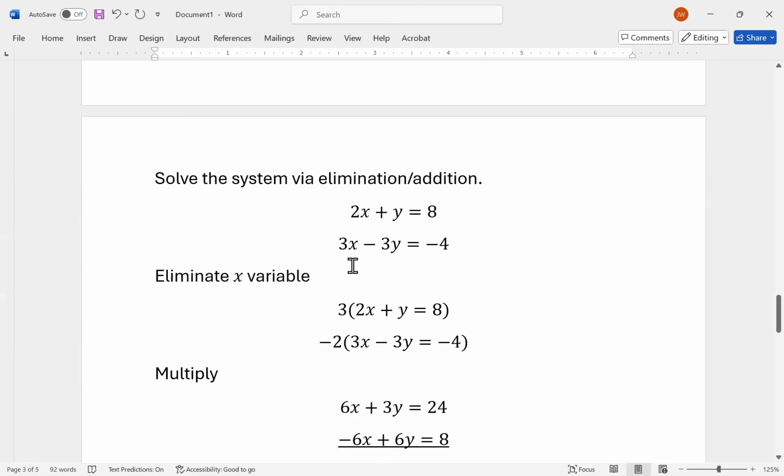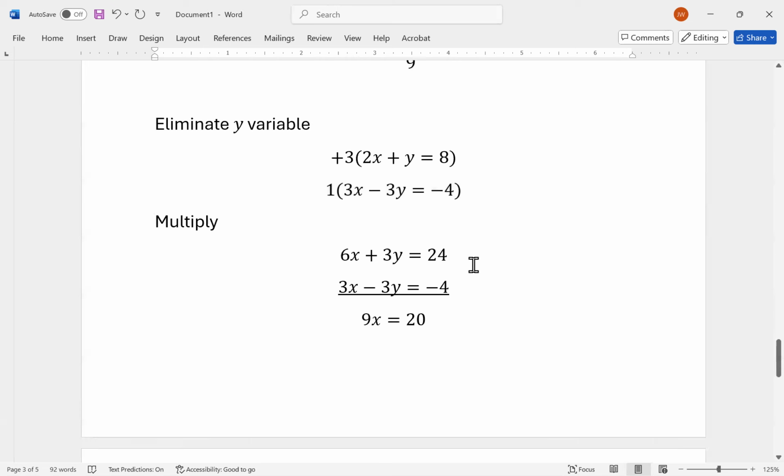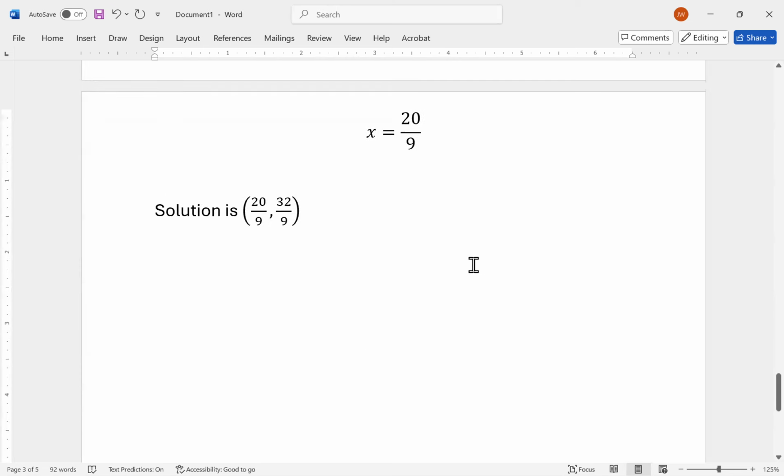And then take 3 times 20/9 minus 3 times 32/9, and see that that gives you a -4. It turns out in both cases that works. So this is the correct solution to that system of linear equations.